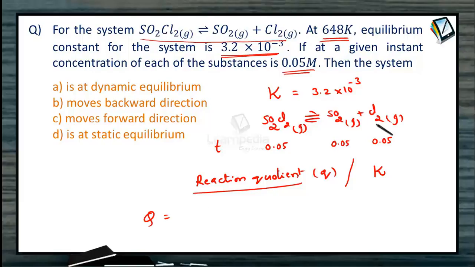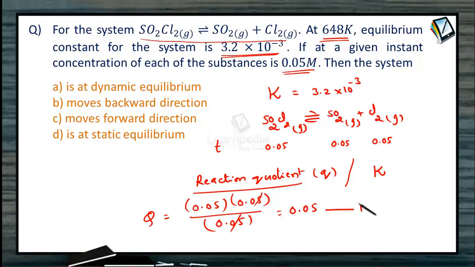Products are sulfur dioxide and chlorine. So the concentration of sulfur dioxide is 0.05. That of chlorine is also 0.05. So this is the product of concentration of products of the system by product of concentration of the reactants. In this particular case, only one reactant is there, that is 0.05. Therefore, this gets cancelled. It is 0.05, which is nothing but called reaction quotient.